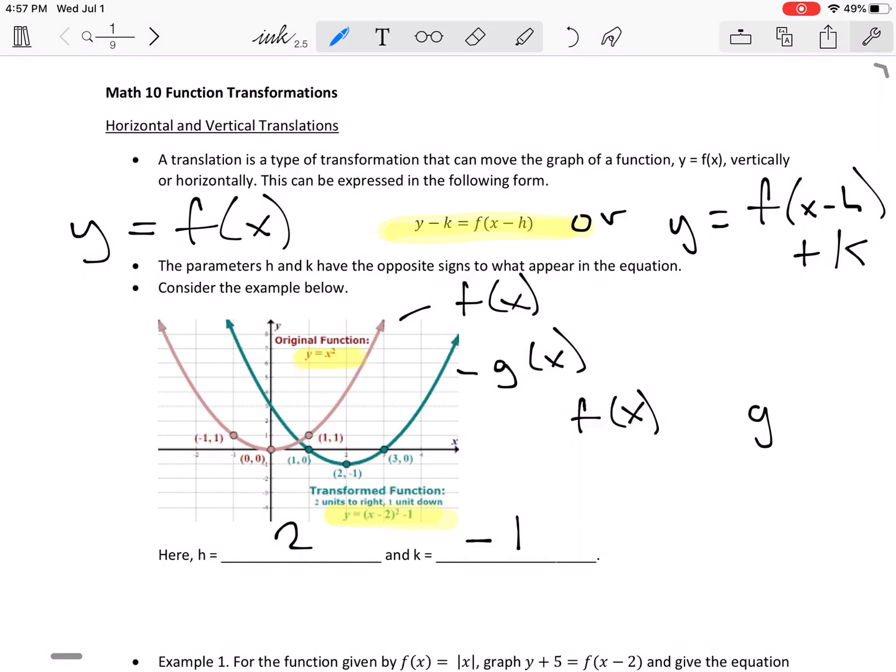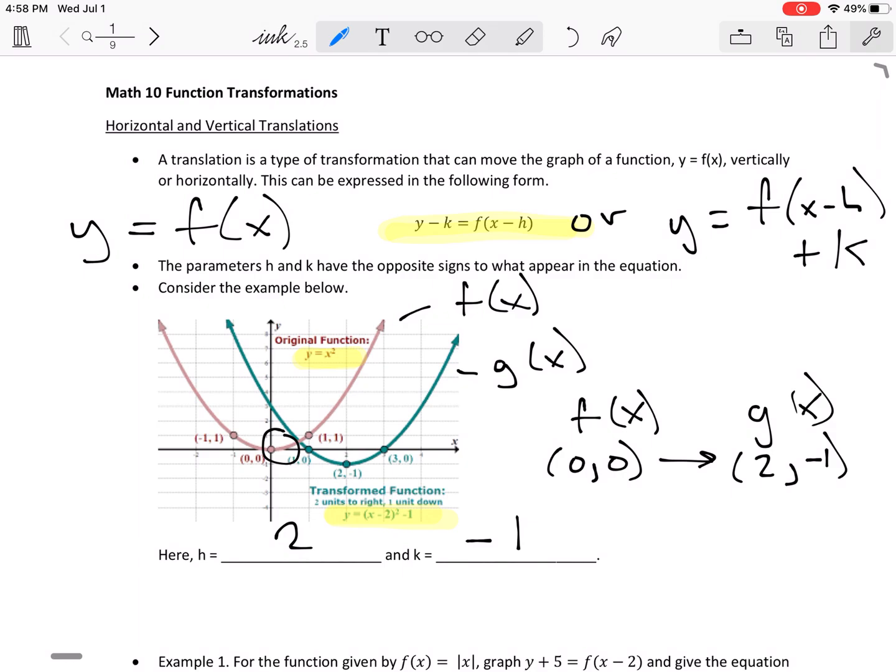So here we call that g(x). For example, if we look at an original point right there, (0, 0), the new coordinate for that is going to be (2, -1). So this is what we do when we're doing mapping. We take an original coordinate and we show how it's been changed.